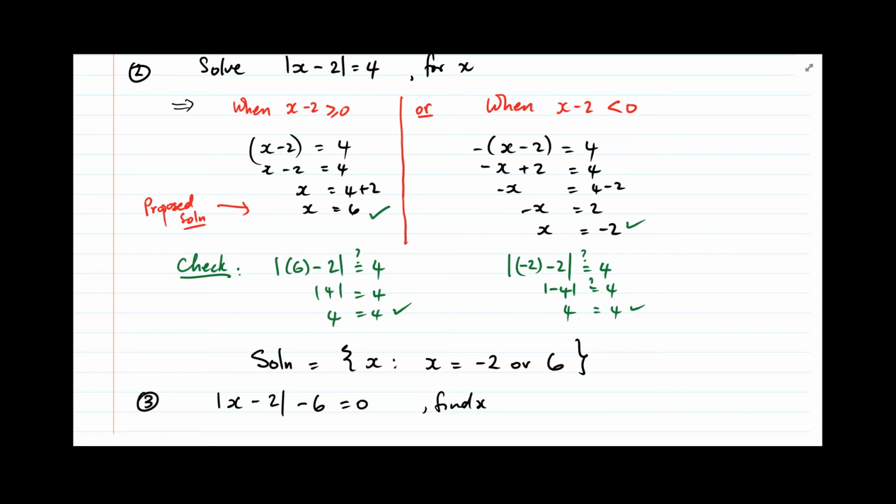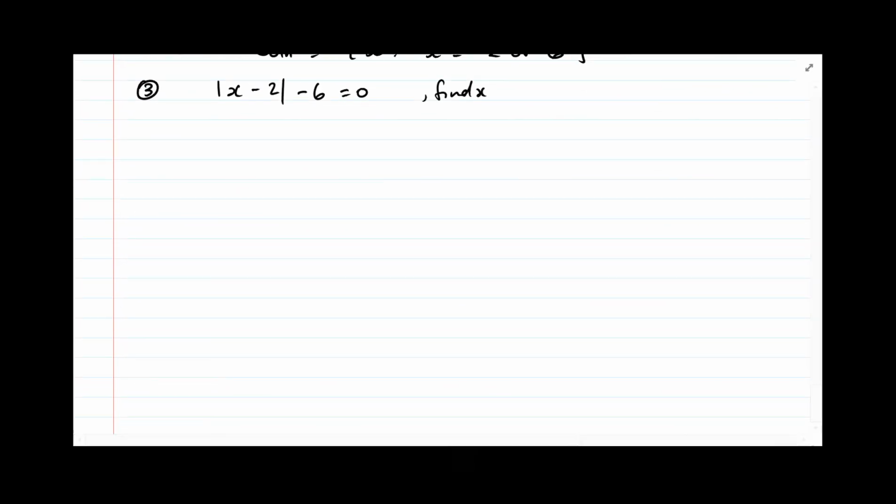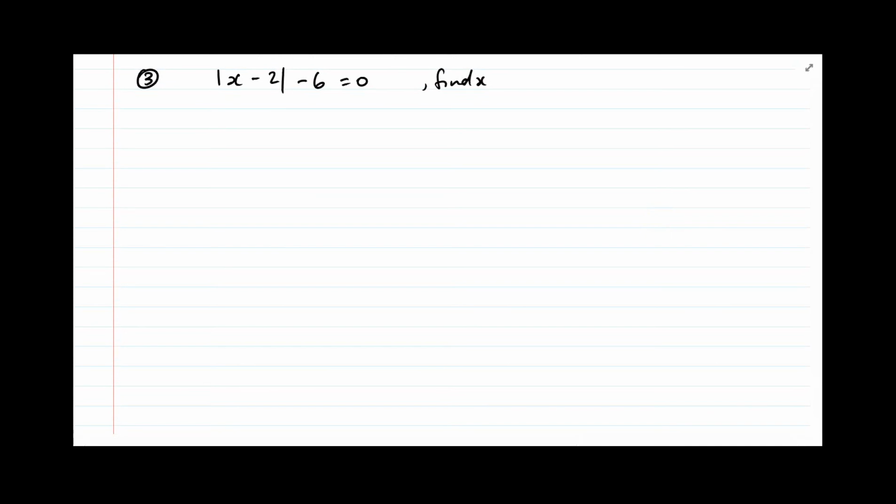Okay, so as I go on, this will probably be more natural for you guys. In doing the solution, I'm going to say there are two parts. Either it is itself, or it's a negative of the expression inside that absolute value.